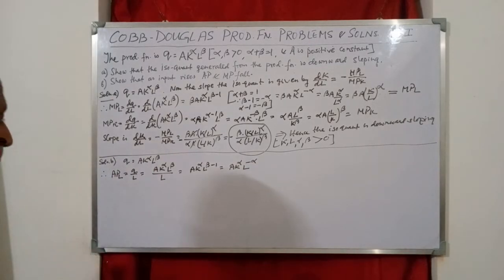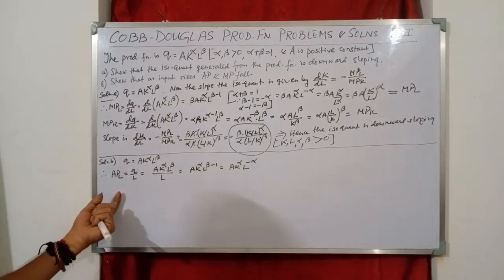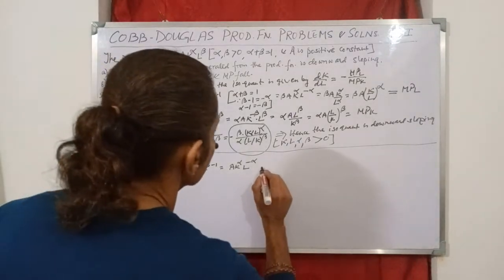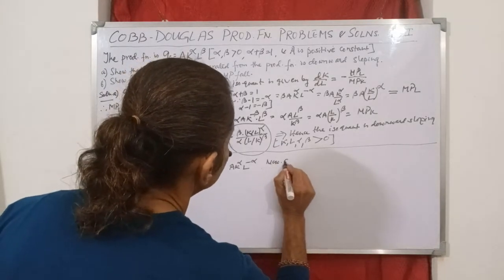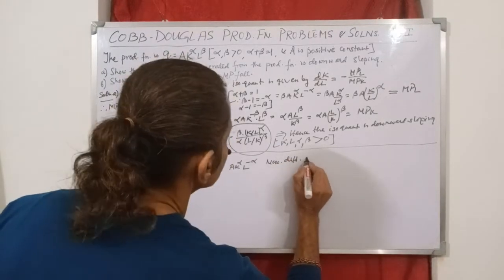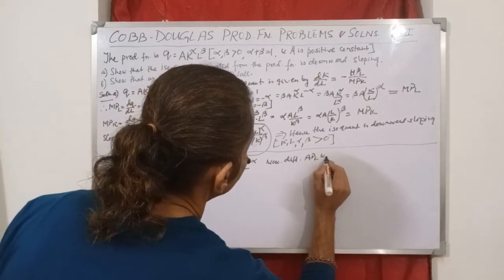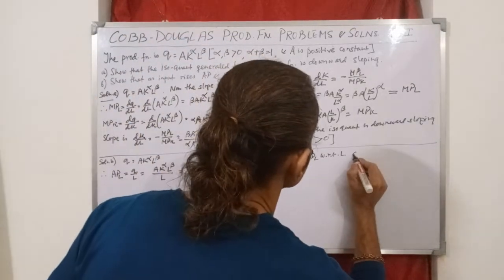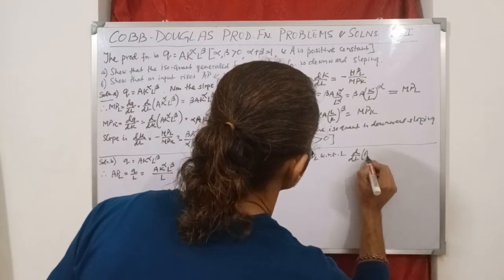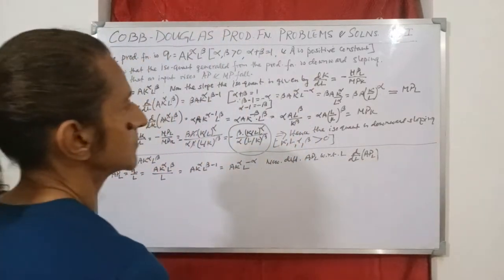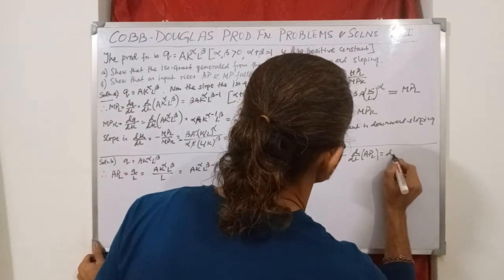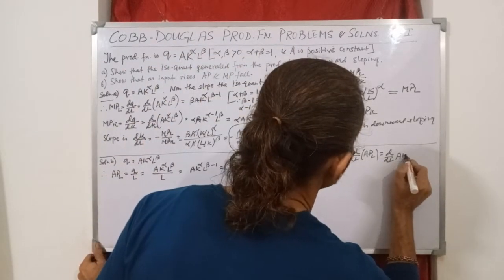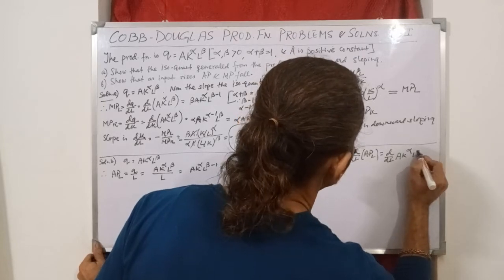Now we have to differentiate APL, that is Q by L, with respect to L. Differentiating APL with respect to L, that is d/dL of APL equals d/dL of this A K to the power alpha L to the power minus alpha.